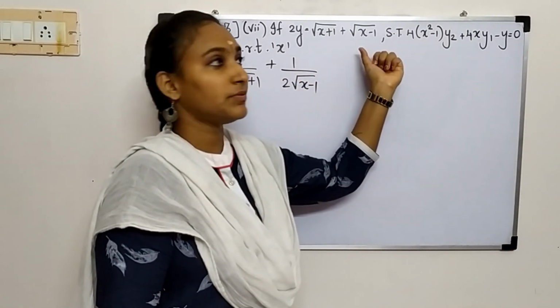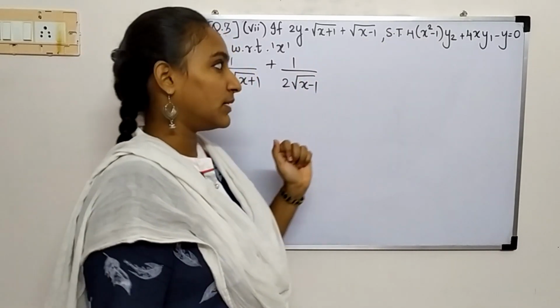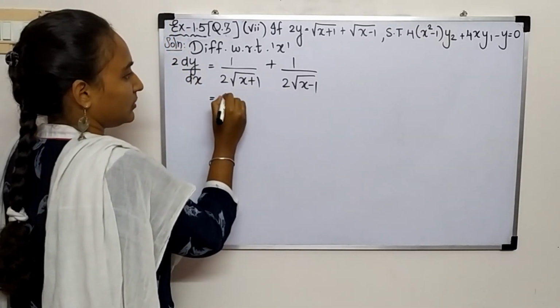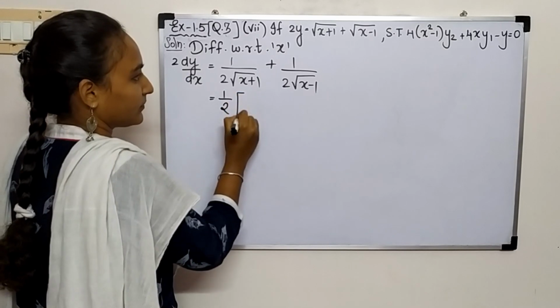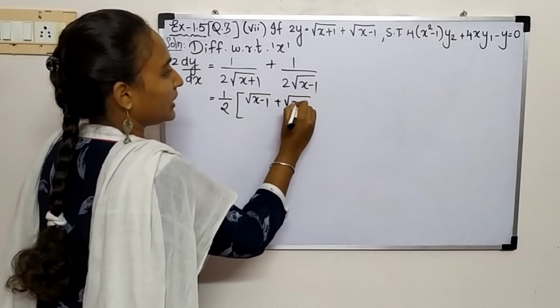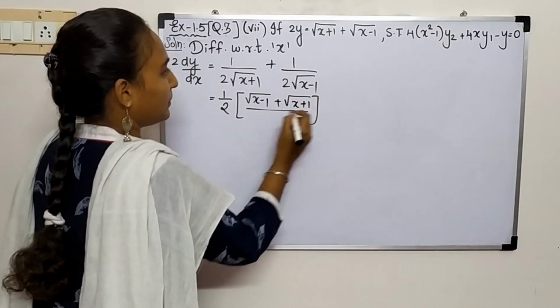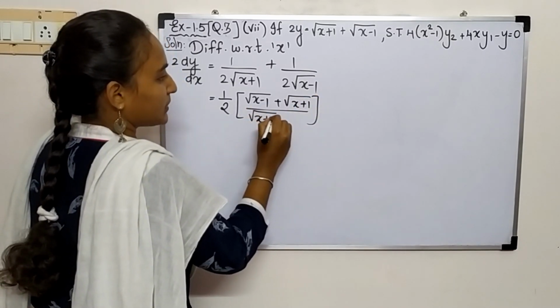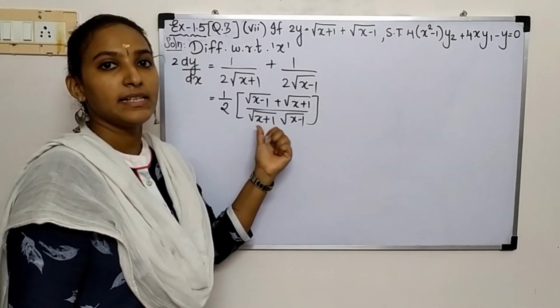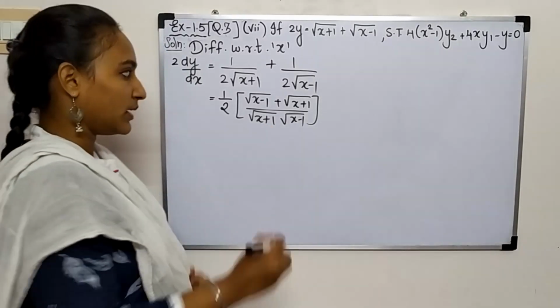Again the derivative of x minus 1 is 1. Now let us cross multiply this. Take half common. This will be root x minus 1 plus root x plus 1 upon root of x plus 1 into x minus 1. This can be written as root x square minus 1.